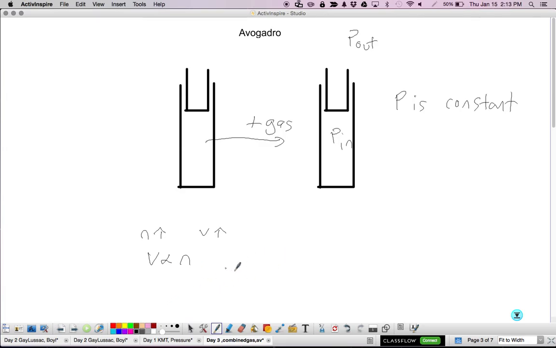So we could take this all the way into V equals Kn, and then we could do V1 over N1 equals V2 over N2, okay? But really, we just kind of stick with this proportionality, okay?